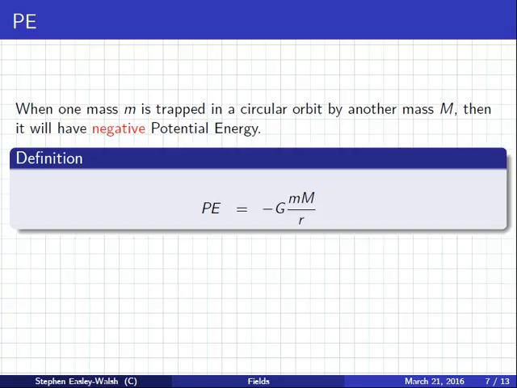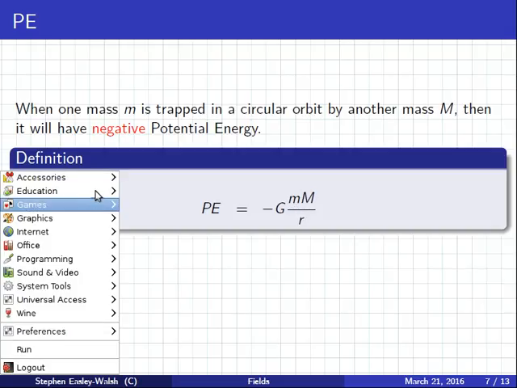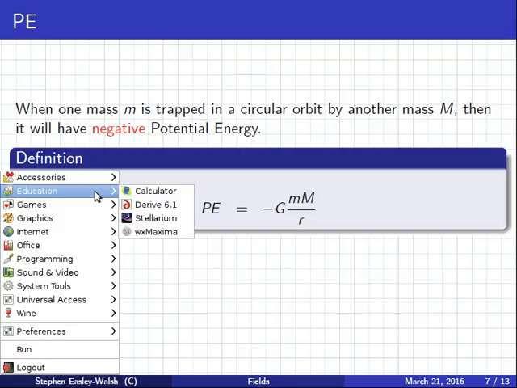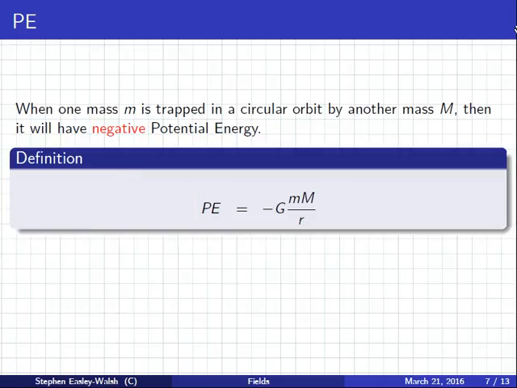And what else do you need? The radius of the Earth's orbit around the Sun, and that is 940 million kilometers. That's small. That's half of the circle.